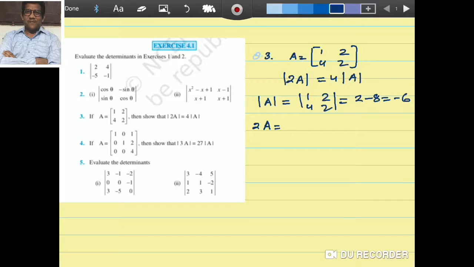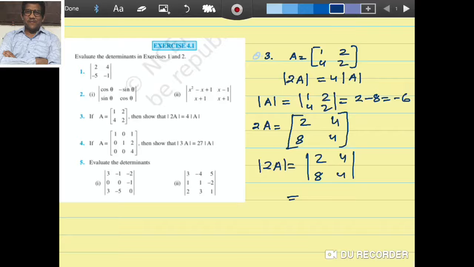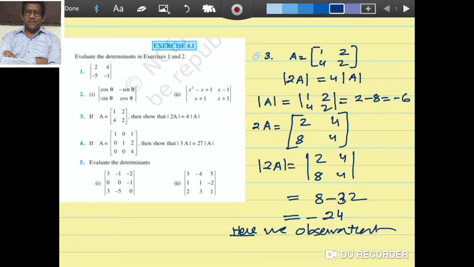Now determinant 2A is equal to 2 4 8 4, which is 8 minus 32, that is minus 24. Here we observe that determinant 2A is equal to minus 24, which is equal to 4 into minus 6, which is equal to 4 into determinant A.